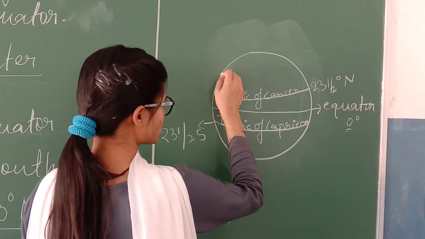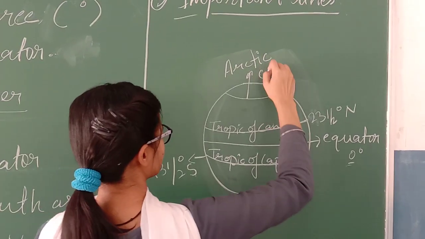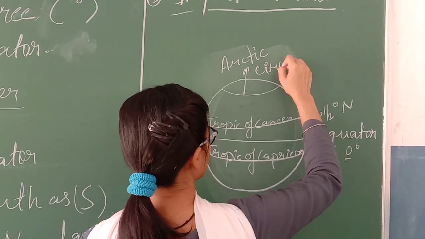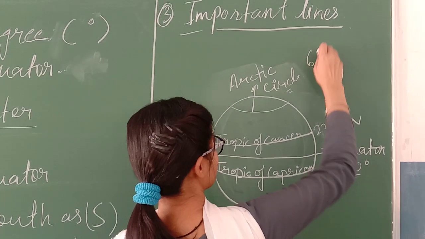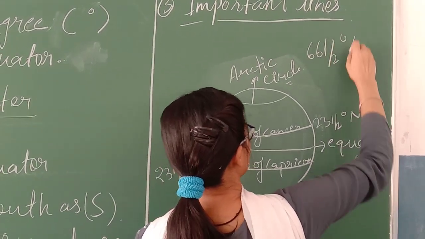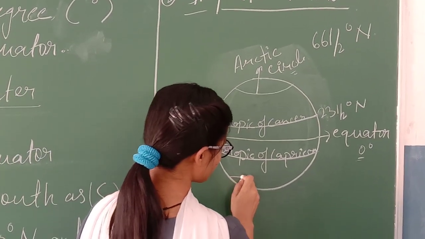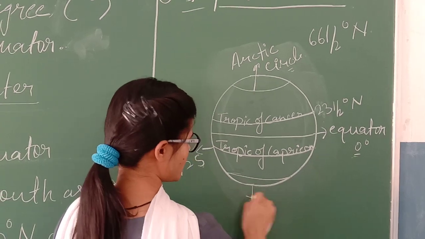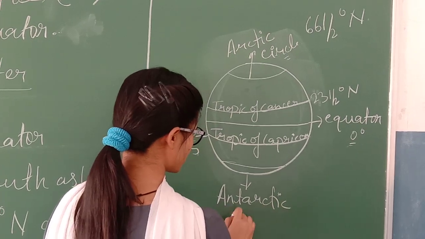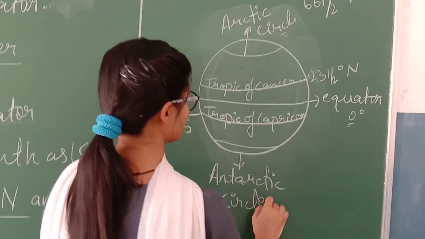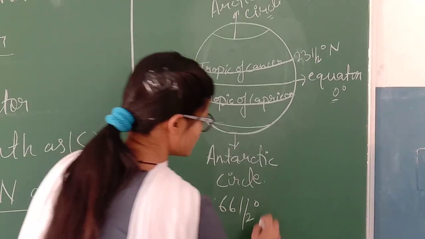Now the fourth one is this, Arctic Circle, and this Arctic Circle is at 66.5 degree north, and its parallel here is Antarctic Circle, and this Antarctic Circle is 66.5 degree south.